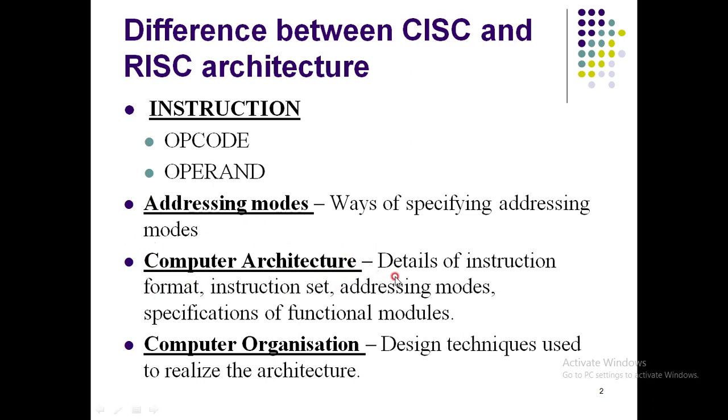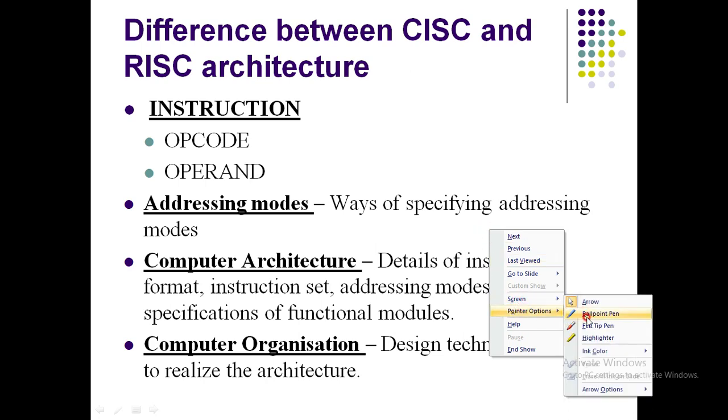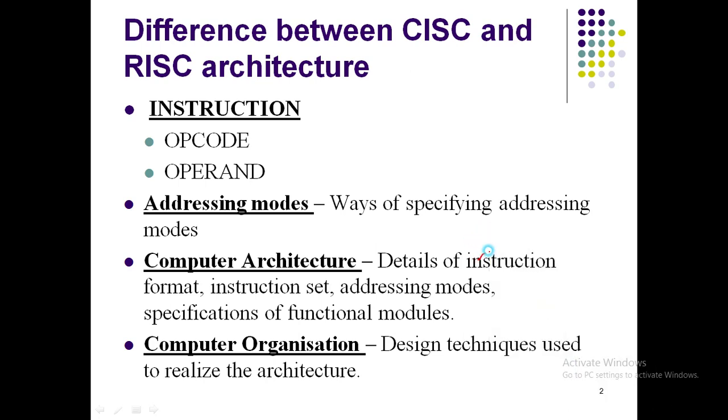So you can see here, it gives you the details of instruction format. Nowadays we have instruction formats of around two types. One is 32-bit and another one is 64 bits. So whatever instruction formats we have, it could be 32 bits or it could be 64 bits.